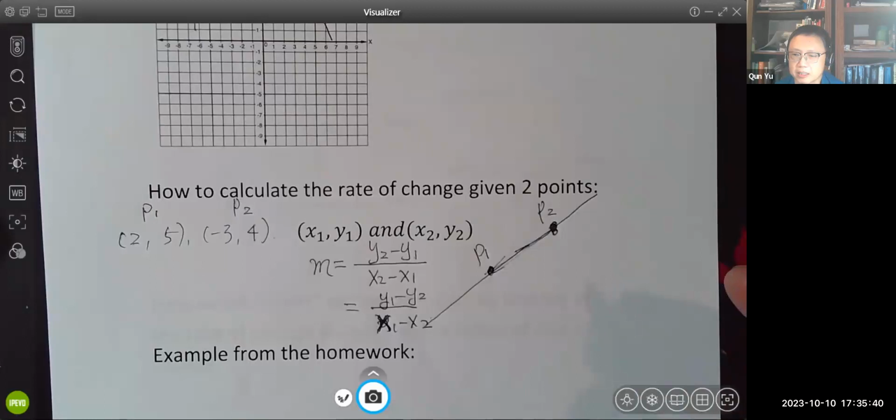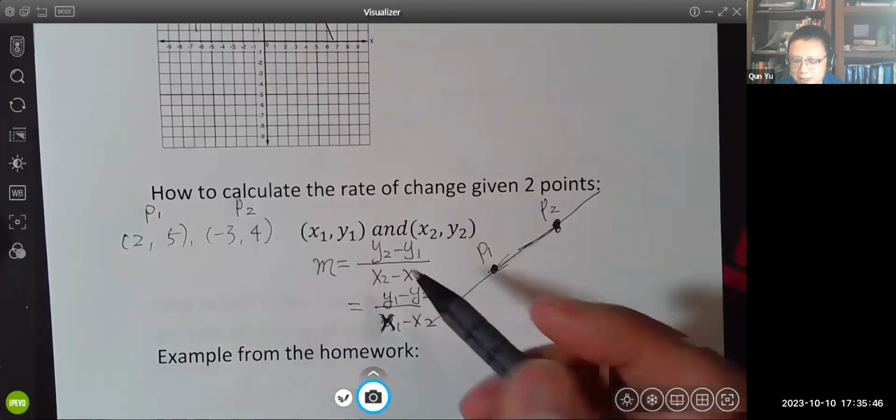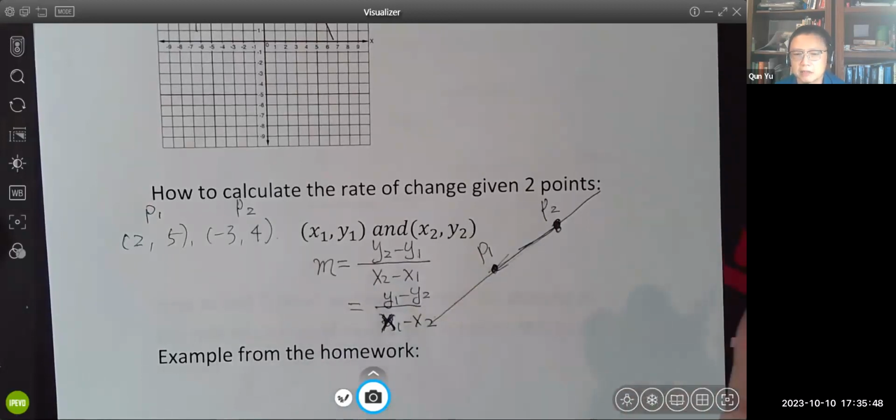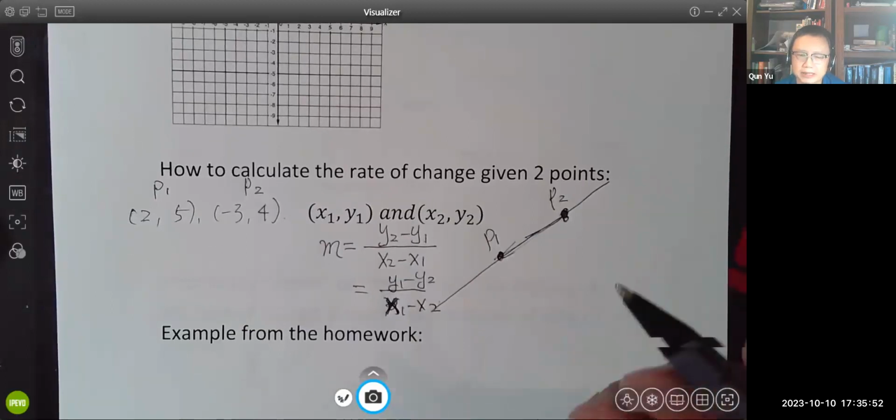Same line will have same slope, and that is common sense. We just demonstrate to make people feel comfortable. Actually, this is the case. But when we learn something, we better try to make sense out of it. When things make sense, you're going to accept it. You're going to be able to use it with comfort.